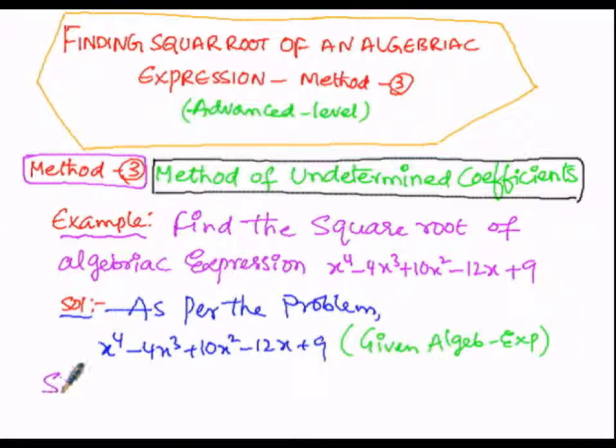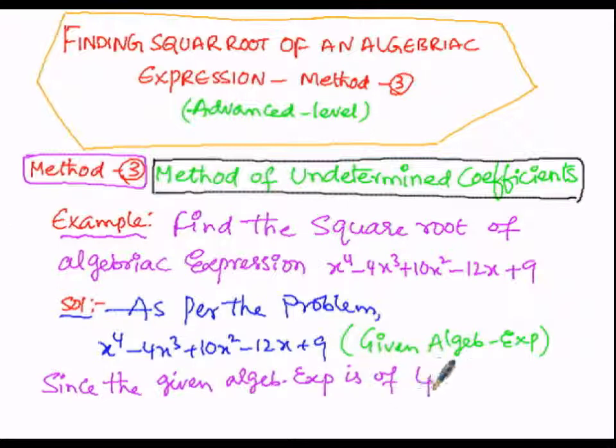So here, since the given algebraic expression is of 4th degree, its square root will be a perfect square, and that too a quadratic expression.